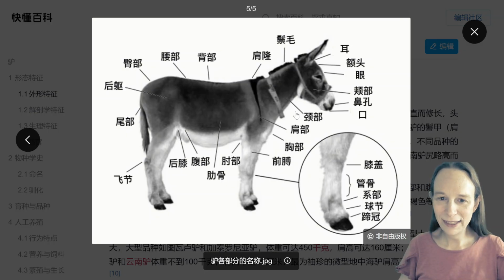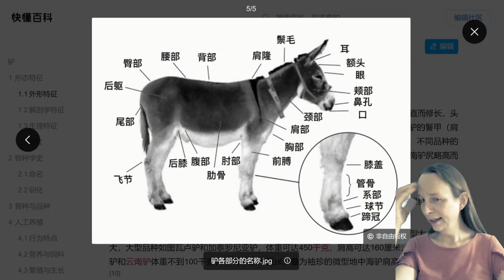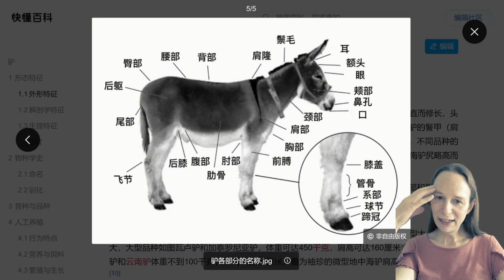And so 颈 kind of pertains to your neck. 颈部 is neck. 肩部, 肩龙. So what's 肩龙? I don't know. 胸部, 前... what's this? 脖. Is this 脾气的脾?